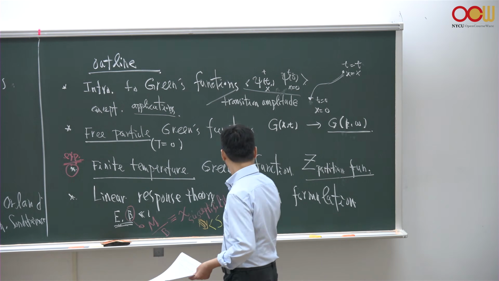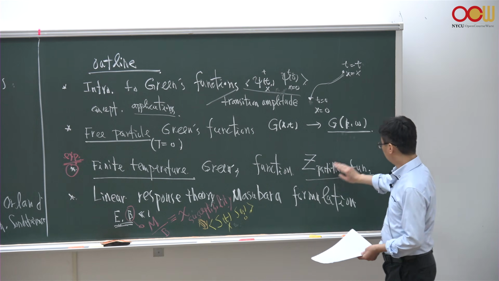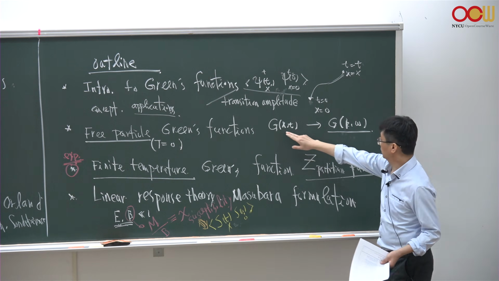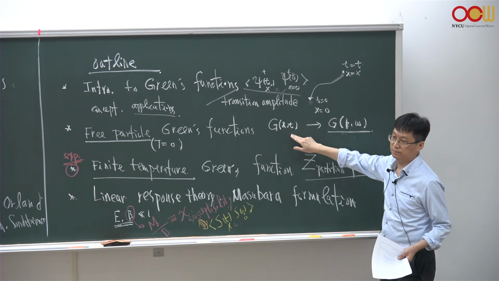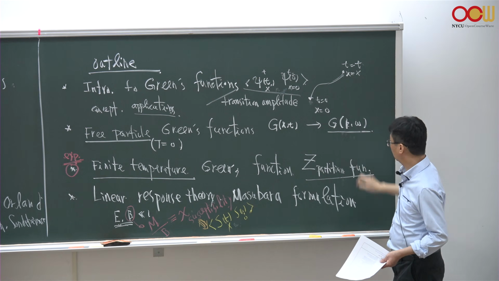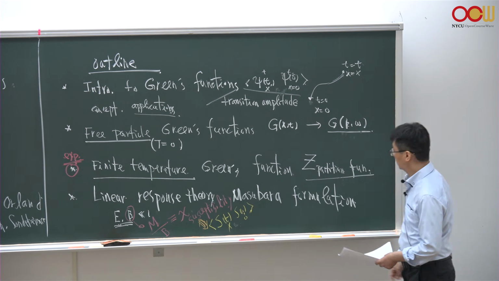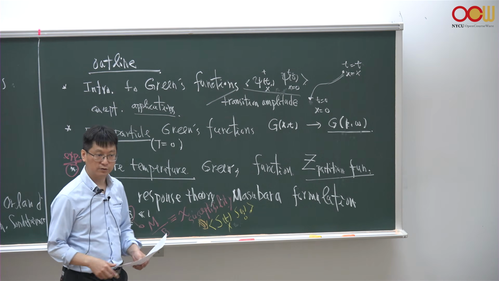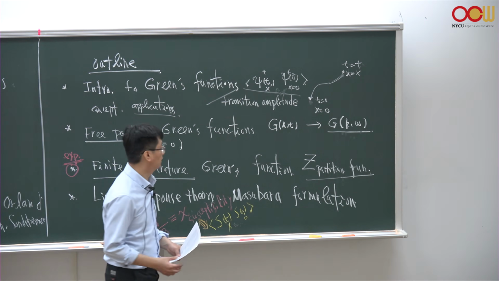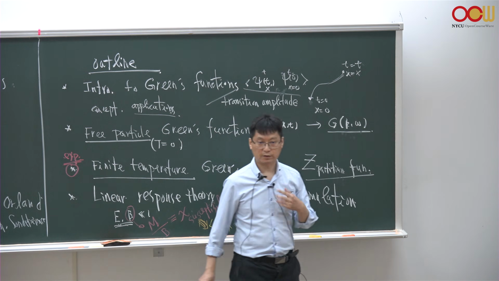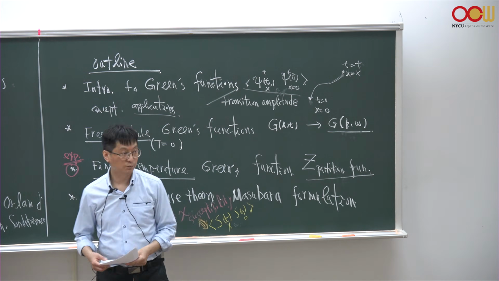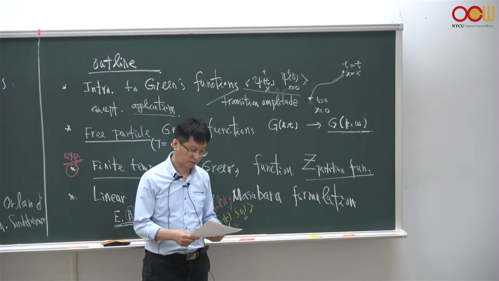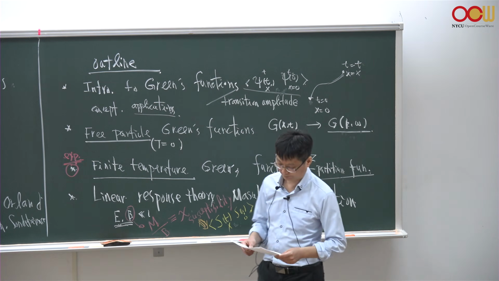Great. And the Matsubara frequency formulation is nothing but the Fourier transformation of the Green's function from real time to the frequency domain, and you learn how to define this Matsubara frequency for different particles. For example, fermions and bosons have different values of the Matsubara frequencies, and we will talk about this later.